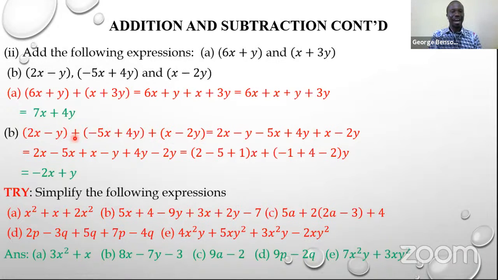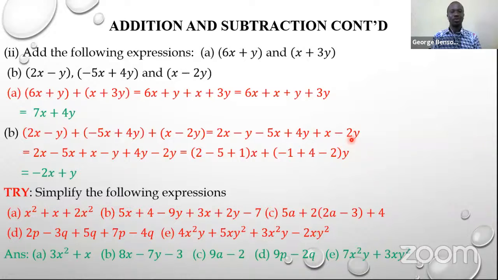Since we are adding, when you open the bracket, everything will remain as it is. So you can see that we have 2x, minus y, then minus 5x, 4y, then x, and then minus 2y. So we have just removed the brackets.